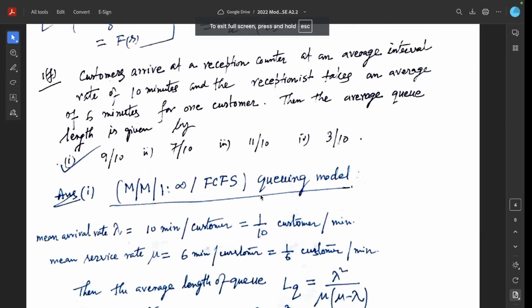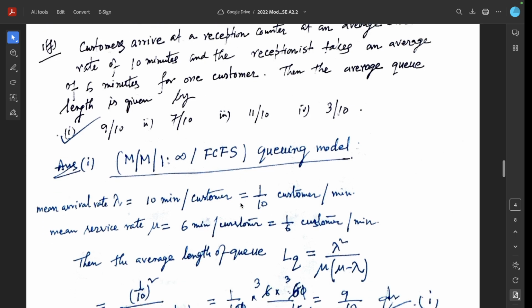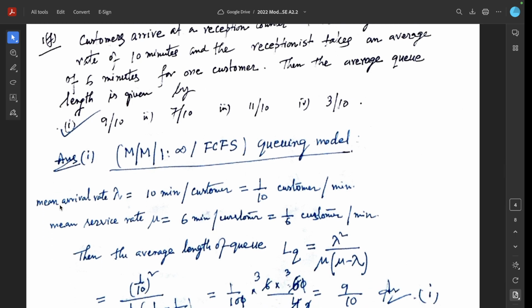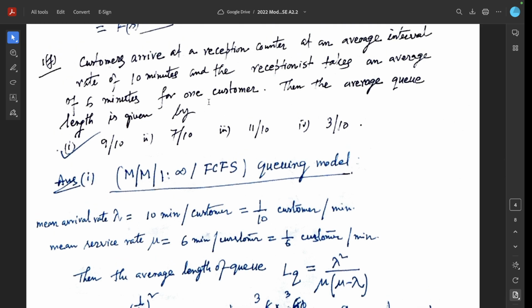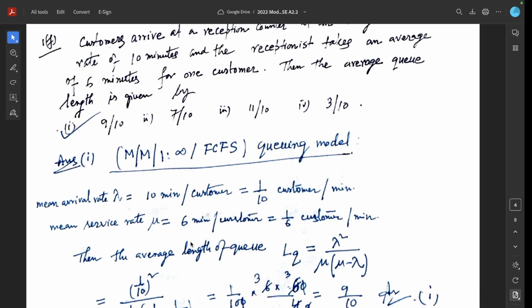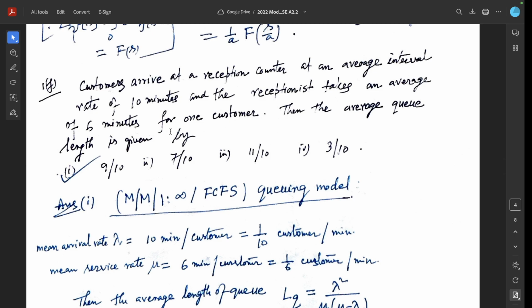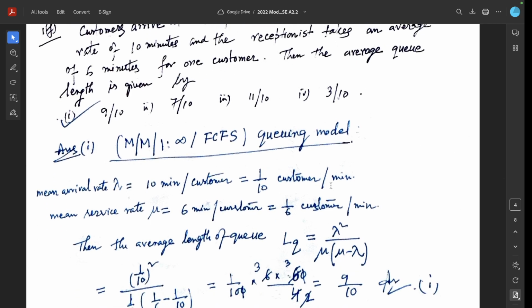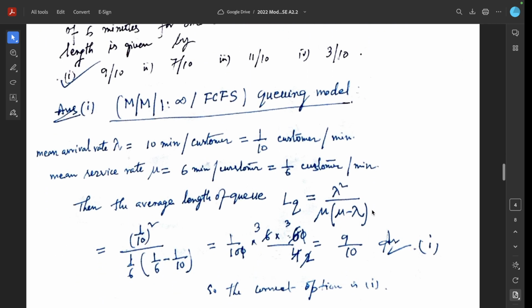this is the M/M/1/infinity FCFS queuing model, and the mean arrival rate lambda equals 10 minutes per customer, so per 1 minute 1 by 10 customer, and the mean service rate is 6 minutes per customer, so 1 by 6 customer per minute.